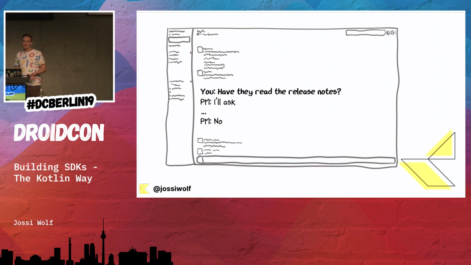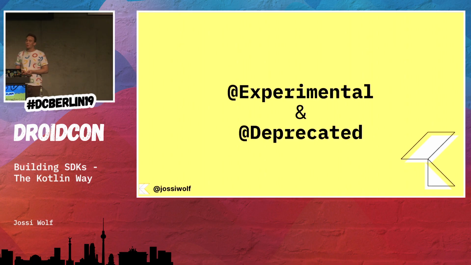And the good news is, with Kotlin you can, because Kotlin is awesome. So in Kotlin there are some cool annotations which I want to talk about, called @Experimental and @Deprecated. Those are just two of some awesome Kotlin features that have helped me a lot when building SDKs.